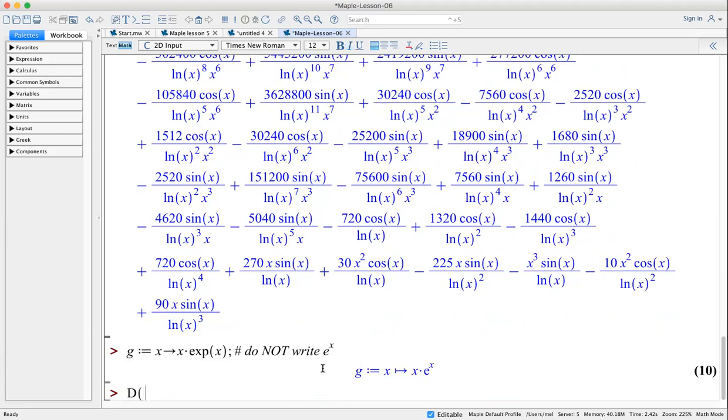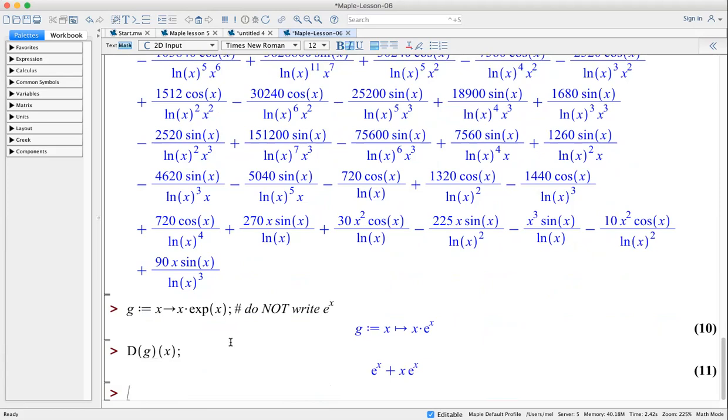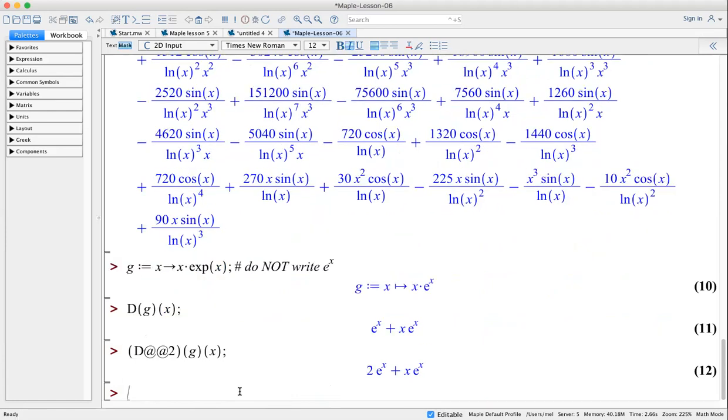The first derivative evaluated at x is that. The second derivative of g evaluated at x is that.